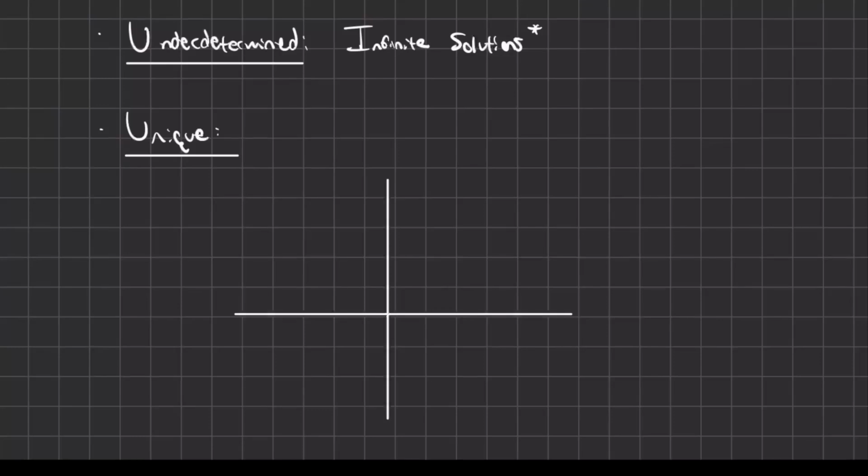So say we had an equation like this, and then we had one like this. So if they had a unique solution, it would be here, where they intersect. That would be the best geometric way to think about it.